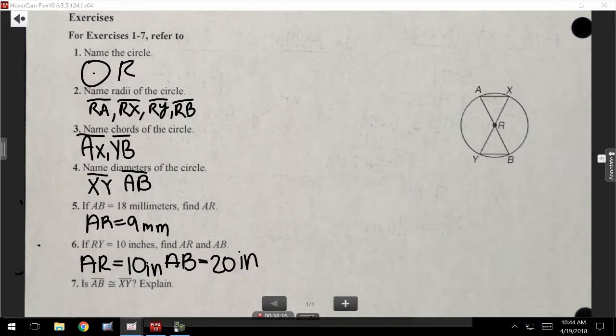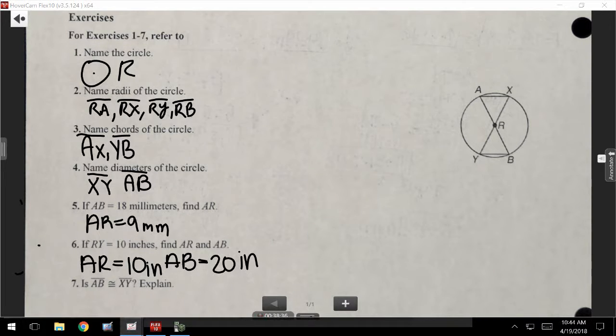Yes. On questions on your homework or classwork or tests or quizzes, it might say, name a chord that's not a diameter. Or if I say name a chord, do you have to list all of them? No. If I say name a chord, that's just one. Feel free to list all you want, but just one.